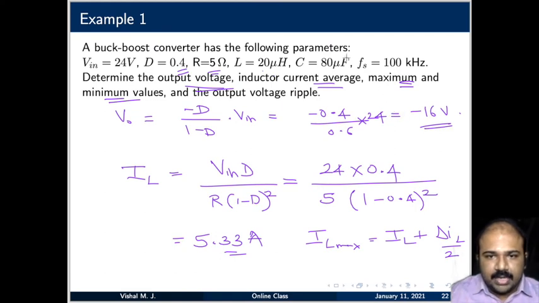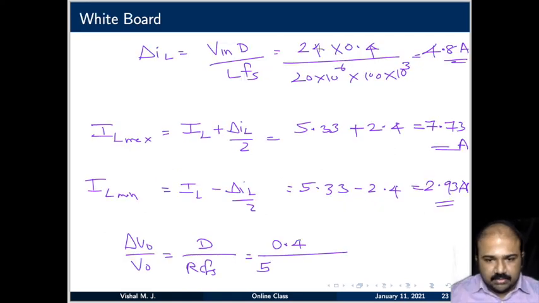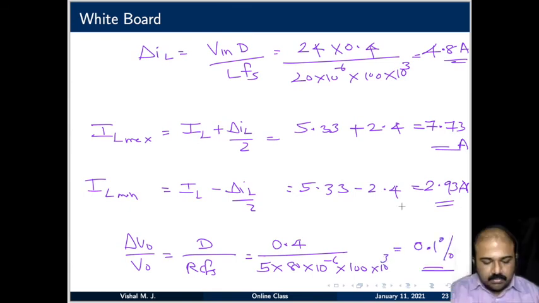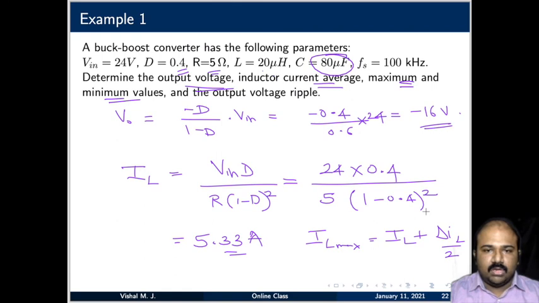They have given it to be 80 microfarad, into switching frequency of 100 kilohertz. So what will be the output? Yeah, 0.1 percentage. The answer is right. So we have calculated all the questions asked.